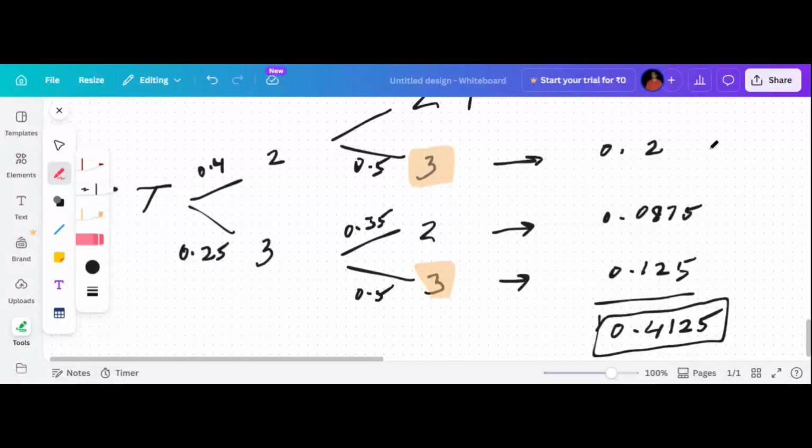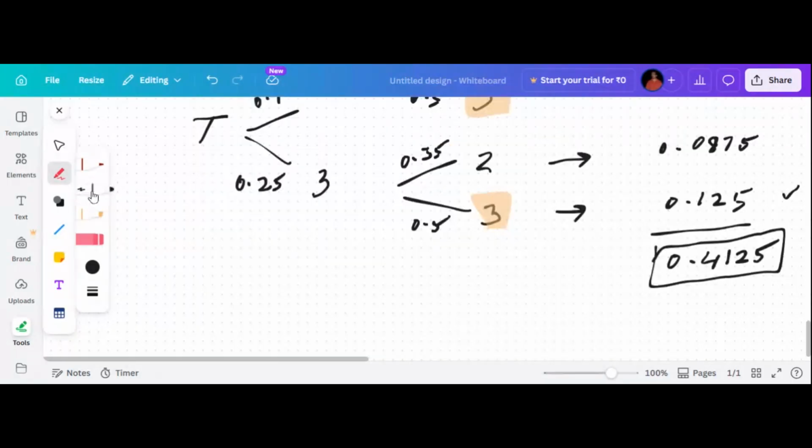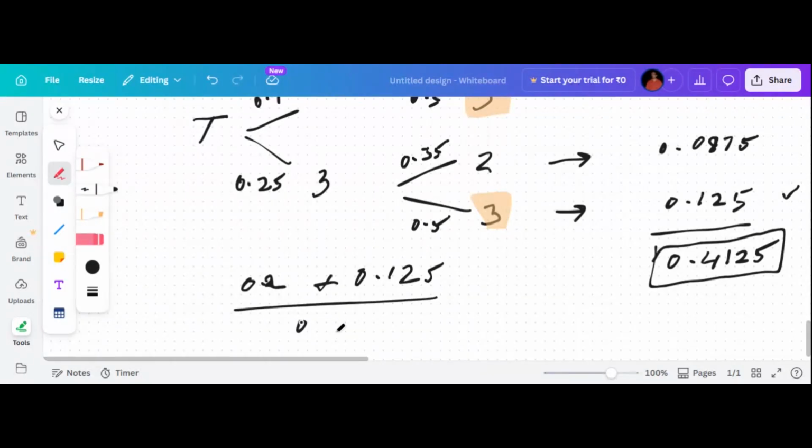Either this 0.2 or this 0.125. So it is 0.2 plus 0.125 over 0.4125.